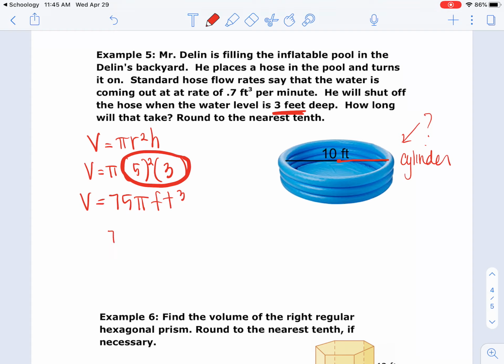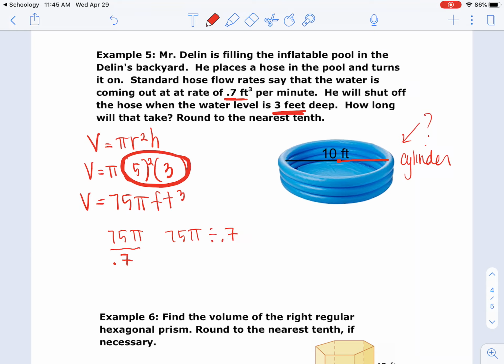So now what you have to realize is that you're filling up the pool, and it's 75 pi feet cubed, right? That's the volume. Now it tells you that it fills at 0.7 feet cubed per minute. So I'm going to see how many 0.7s go in there by dividing it by 0.7. In other words, I'm going to hit my calculator, 75 pi divided by 0.7.